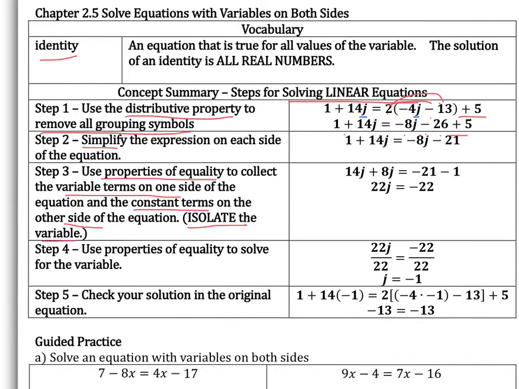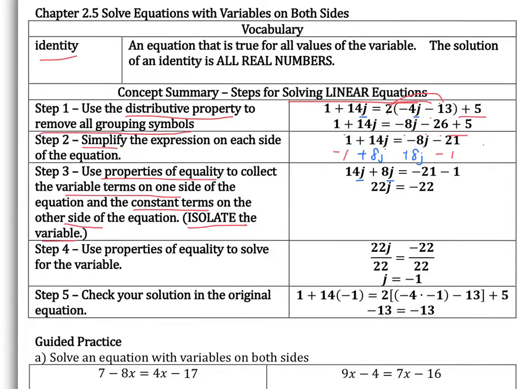So here I've collected the terms with the variable j. If I move negative 8j over to the left-hand side, I need to add positive 8j. If I move the constant term positive 1 to the right-hand side, I need to subtract 1.